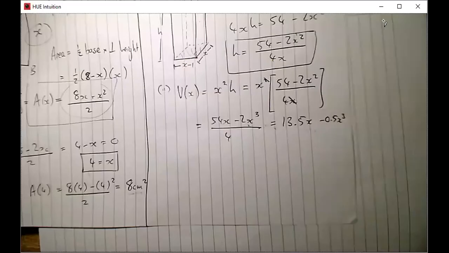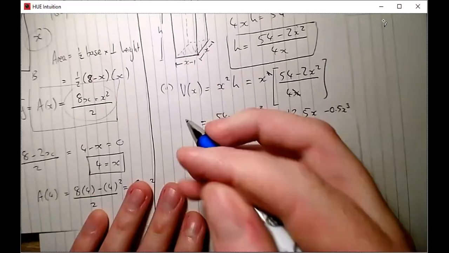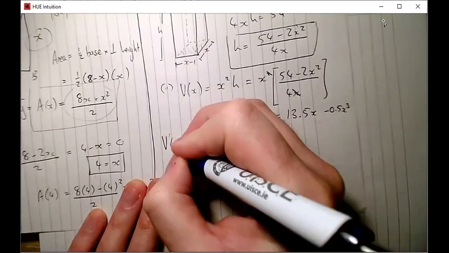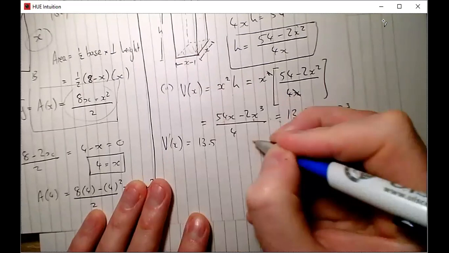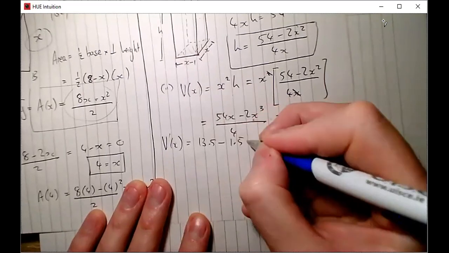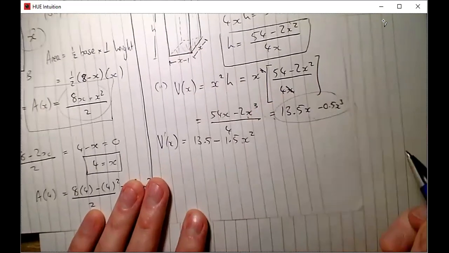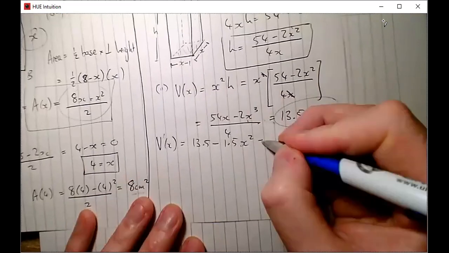But how do we do that? To find any maximum, you let the derivative equal 0, so V prime of x is going to be 13.5 minus 1.5x squared when you differentiate this, and we need to let that equal 0.